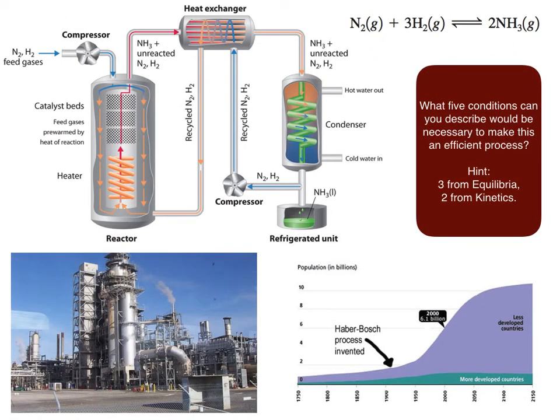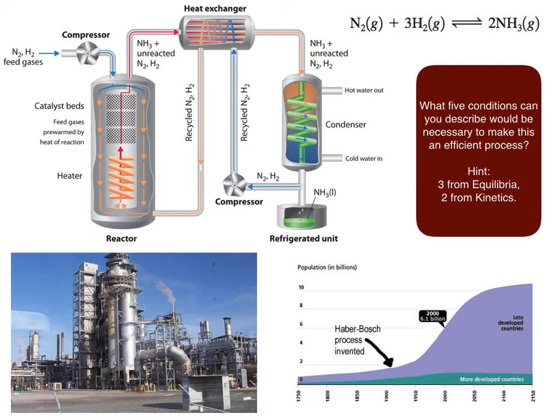Now note the diagram for this particular reaction on the industrial scale. Catalyst beds and temperatures of around 400 degrees Celsius are used for kinetic reasons within the reactor. However, N2 and H2 are constantly injected at high pressures and recycled into the reactor at high pressures in order to shift the equilibria to the right as much as possible.